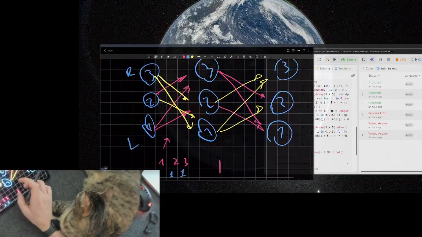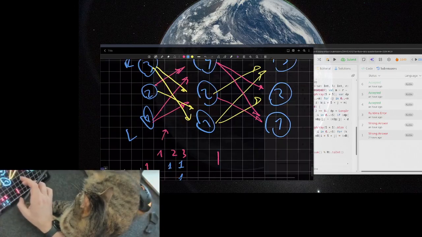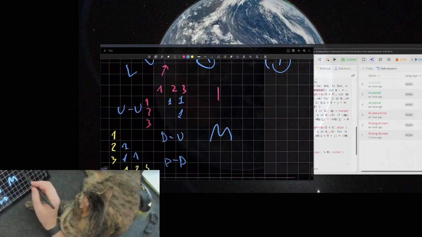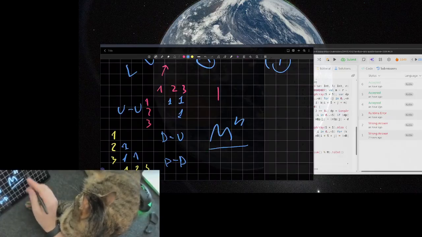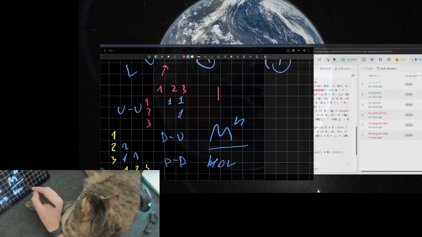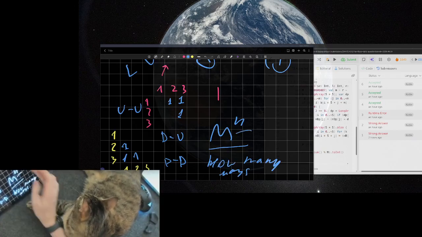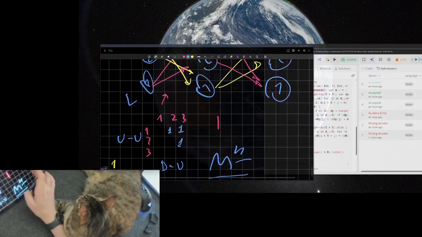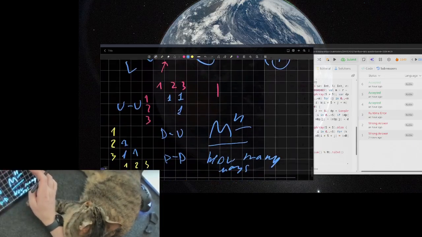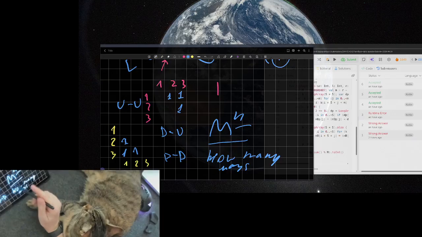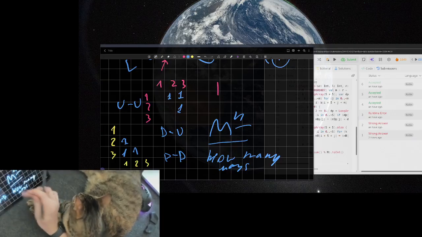And if we have many ways, we just do a multiplication, so m to the power of n will describe how many ways we have in n steps. Okay, so what should we multiply to get the answer?